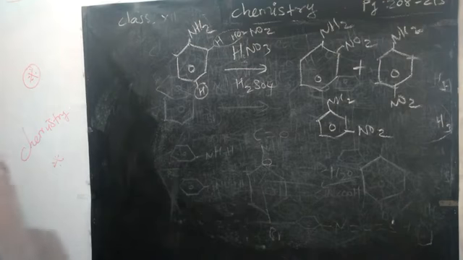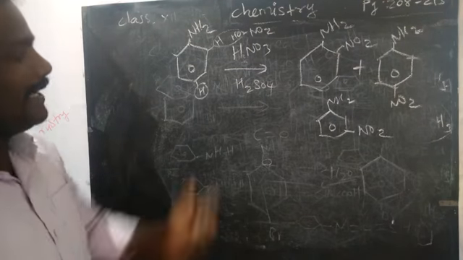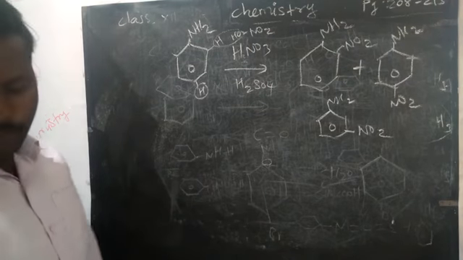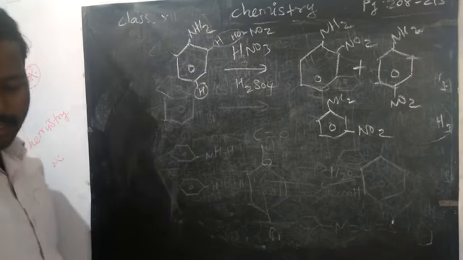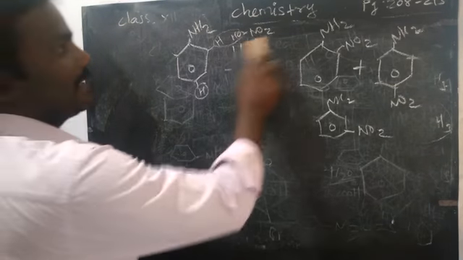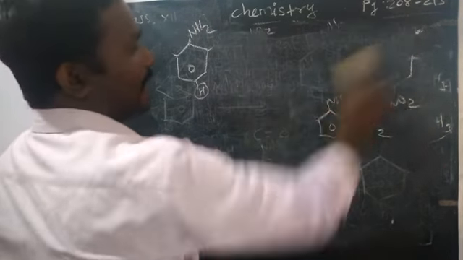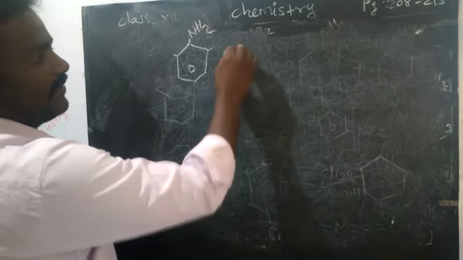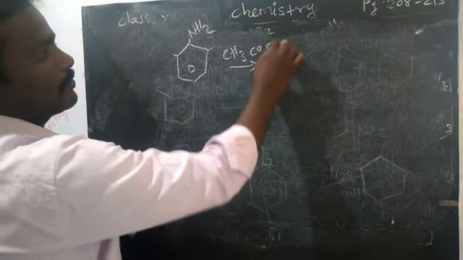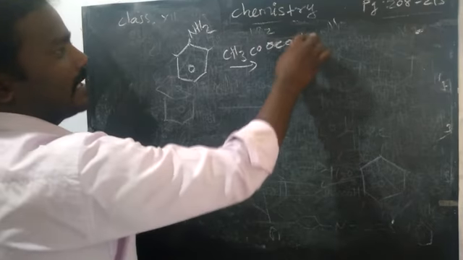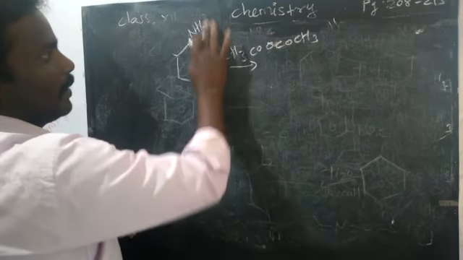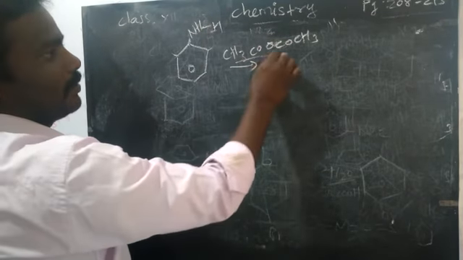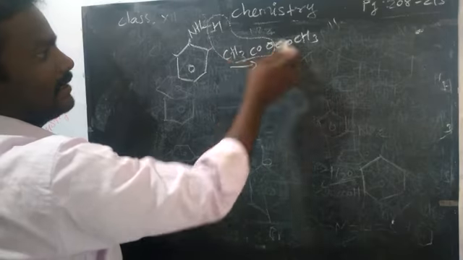In case you want NO2 added only at a particular position, you can take acetic anhydride here, as usual. If you take acetic anhydride, what will happen? As in the previous reaction we studied, CH3CO-O-COCH3. One of these hydrogens will go as acetic acid.